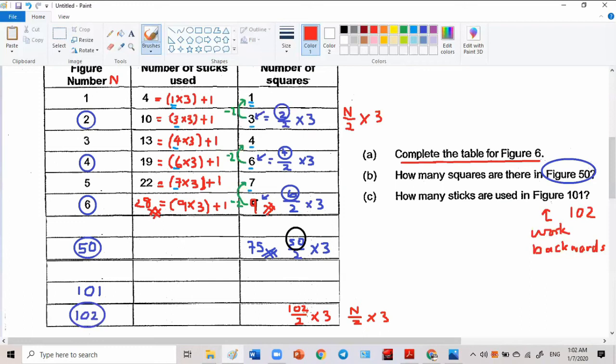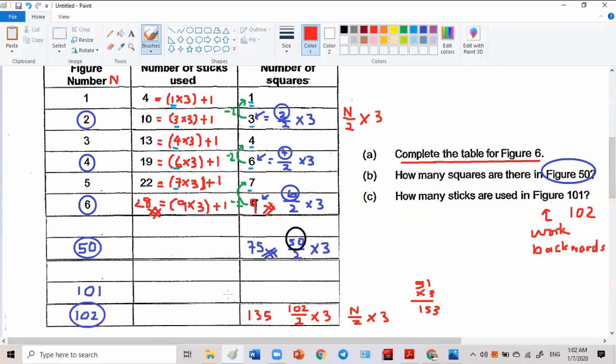It will be 51 times 3, 153. Here will be 153.